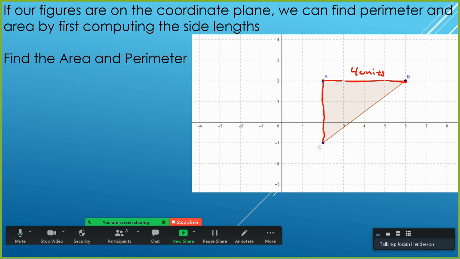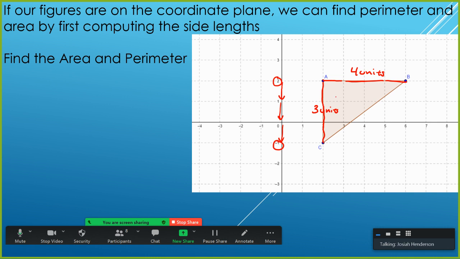It's up at positive 2 on the Y, and the lowest it goes is negative 1. Visually it's 3 squares tall, counting from 2 going down, 1, 2, 3. So this is 3 units.